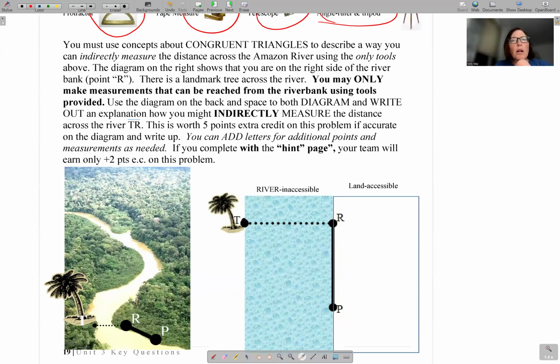You must use concepts about congruent triangles. That would be side, side, side; side, angle, side; angle, side, angle; or angle, angle, side, to describe a way that you could indirectly measure the distance across the Amazon River only using the tools above.